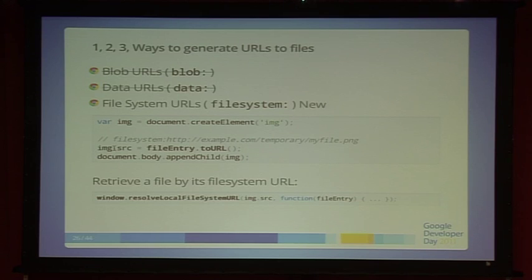So you can put your JavaScript and your images there, and load them from the local file system. If you have the file system URL, resolveLocalFileSystemURL lets you get to the actual file object from that.